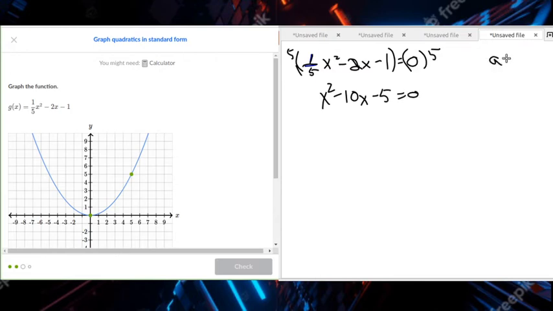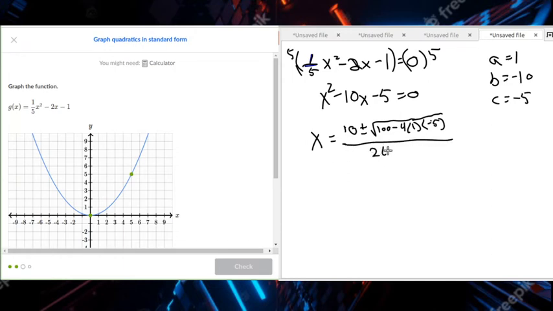So my a is 1 and my b is negative 10 and my c is negative 5. Then I'm going to solve for my roots here. Negative b, so that's going to be 10, plus or minus the square root of b squared, which is 100, minus 4 times a times c, all over 2a.